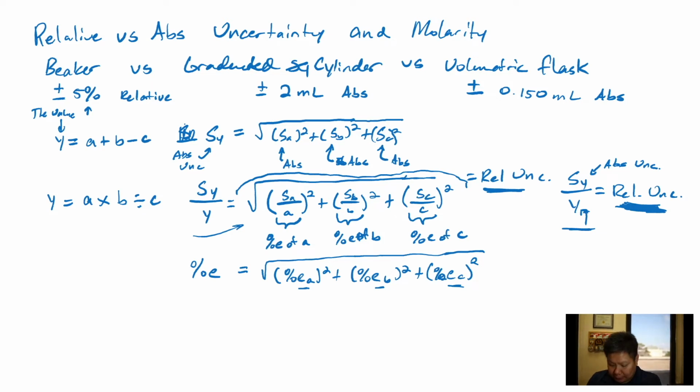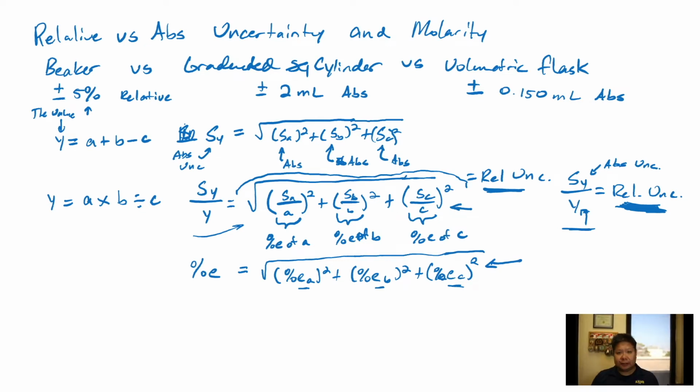So the percent E calculation allows you to do the relative uncertainties for each of the individual measurements first, and then just plug them in. But just know that these equations, this one and this one, are equivalent, so you could use them interchangeably, and we're going to do that, okay?